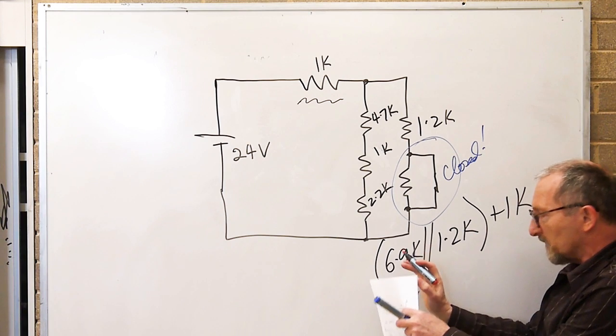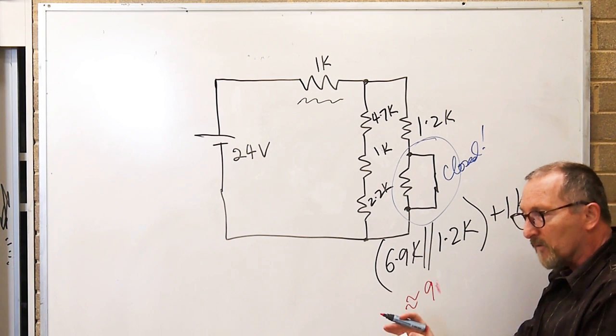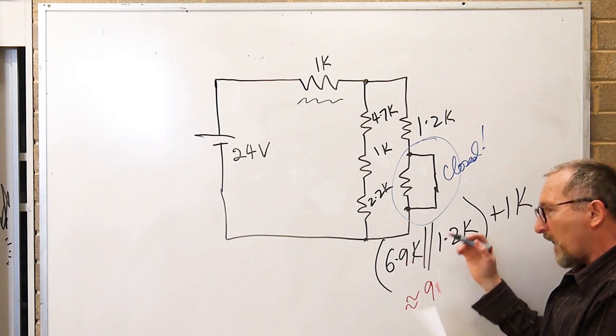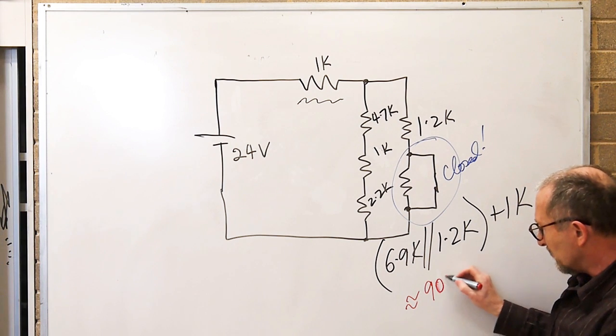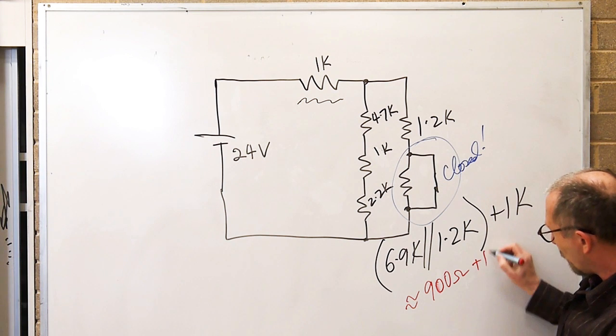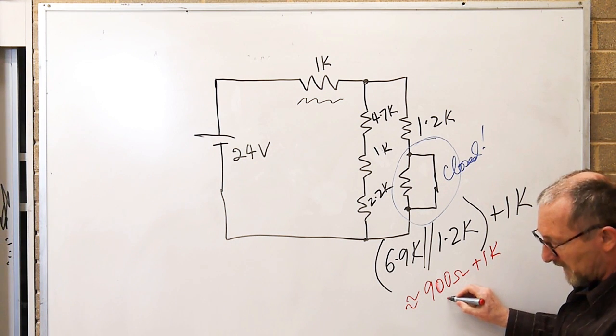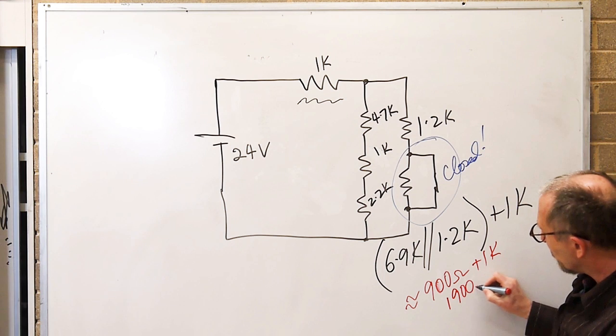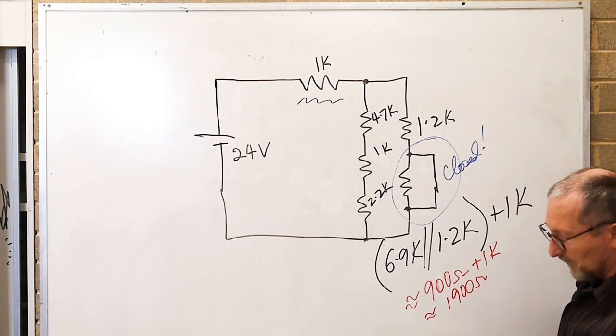If it was 1,000 in parallel with 1,000, it'd be 500 ohms. So 7 to 1 is quite high. I'm going to estimate it's around about 900 ohms plus the 1K. That's going to give me 1,900 ohms. Still approximate.